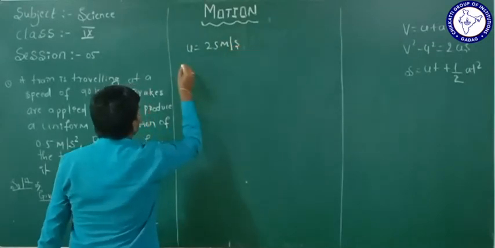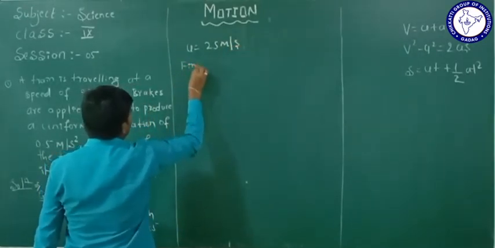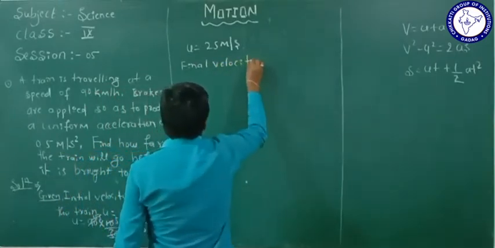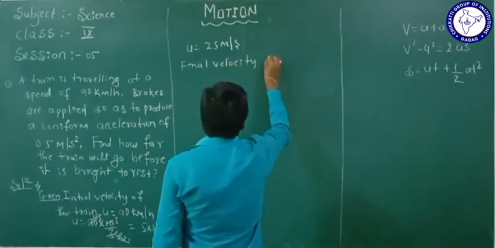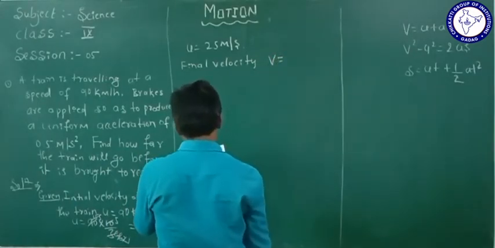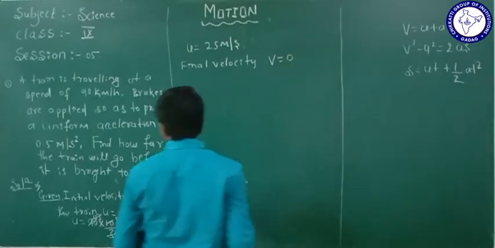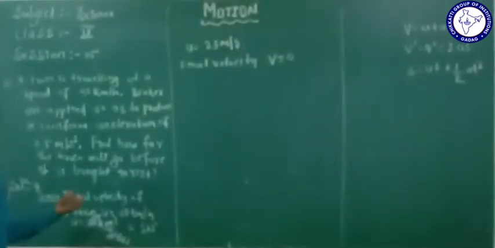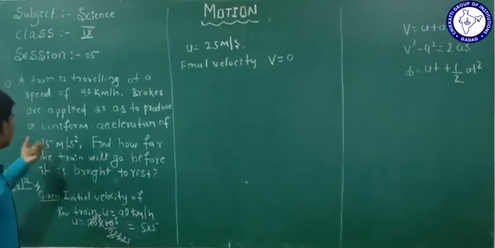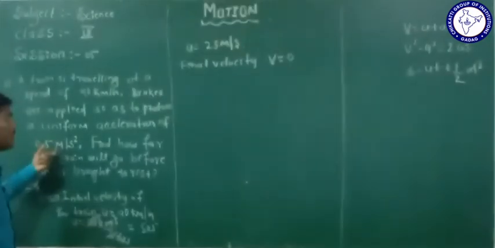And then the final velocity of the train v is equal to 0 here, because after applying the brake, the train will move with an acceleration of 0.5 meter per second square.